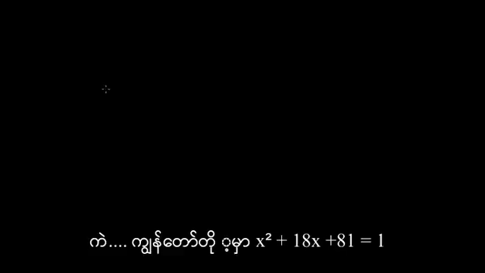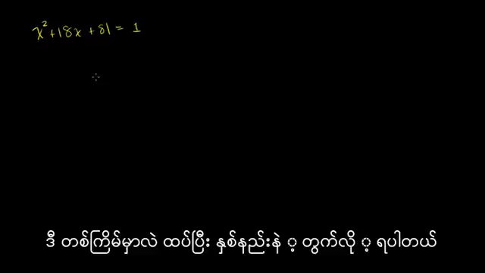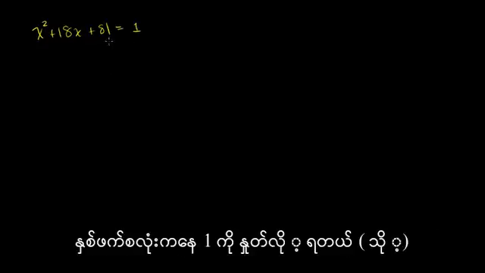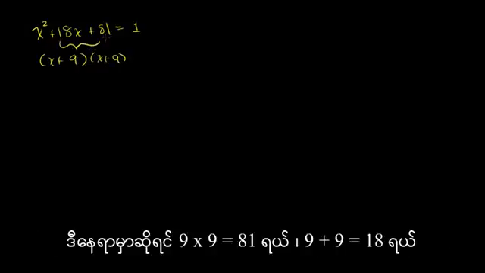So let's do this. Say we have x squared plus 18x plus 81 is equal to 1. So once again, we can do it in 2 ways. We could subtract 1 from both sides, or we could recognize that this is x plus 9 times x plus 9. This right here. 9 times 9 is 81. 9 plus 9 is 18.